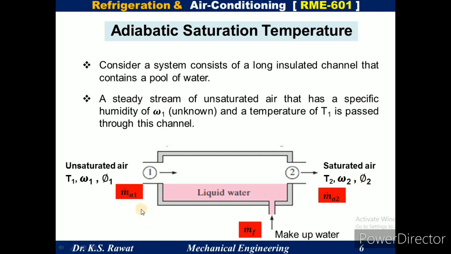Let us assume that m dot A1 is the mass of dry air entering the system, and m dot A2 is the mass of the dry air leaving the system. Notice that we are talking about only the mass of dry air. As some water evaporates from this pool, makeup water at the rate of m dot F is supplied to this pool to maintain the level of the liquid.